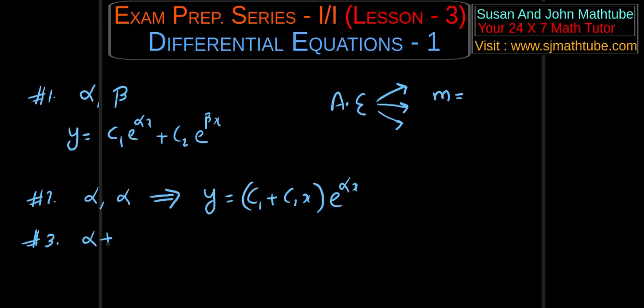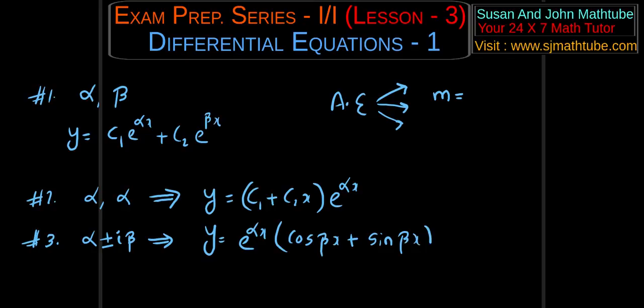Let's say the roots are alpha plus or minus i beta. And in this case, you must remember the solution is e to the power alpha x times c1 cos beta x plus c2 sin beta x. So there is no other option.